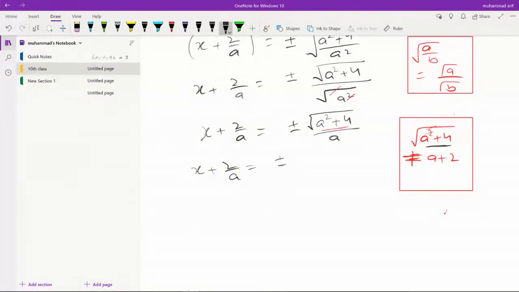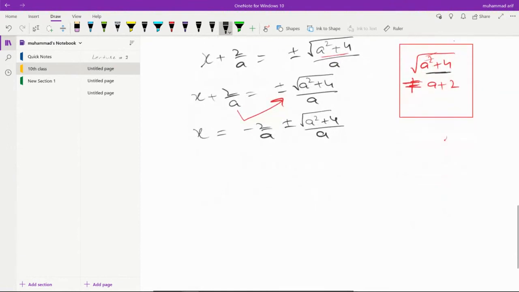X plus 2 by a equals to plus minus square root of a square plus 4 by a. Now we shift this term to right hand side and we get minus 2 by a plus minus square root of a square plus 4 by a. After this, by taking LCM, a will be same.